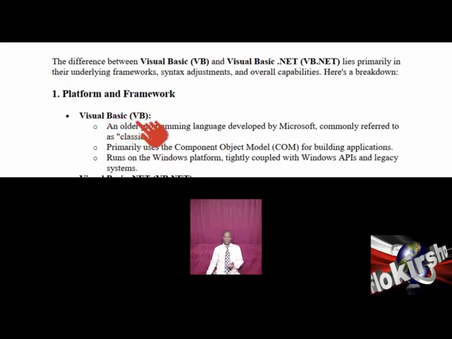Visual Basic, or the previous Visual Basic, which was an older programming language developed by Microsoft, commonly referred to as Classic VB, primarily uses the component object model for building applications. It runs on a Windows platform, tightly coupled with Windows APIs and legacy systems.